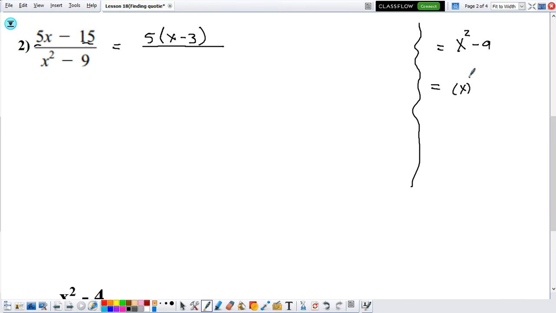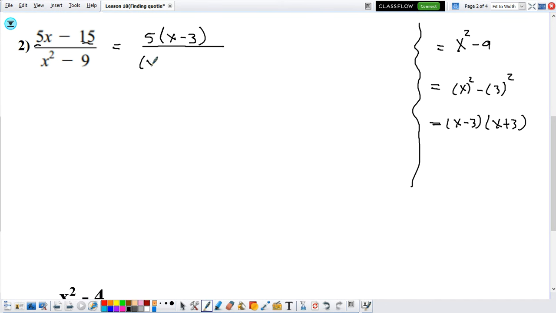So x to the second minus 9, I can rewrite as x to the second minus 3 to the second. Now that I have it in this form, I can factor as x minus 3, x minus the number, and x plus 3, x plus the other number. If you need more help in factoring difference of squares, look at my video. So I can factor x squared minus 9 as x minus 3 and x plus 3.